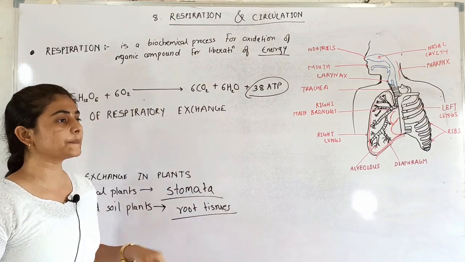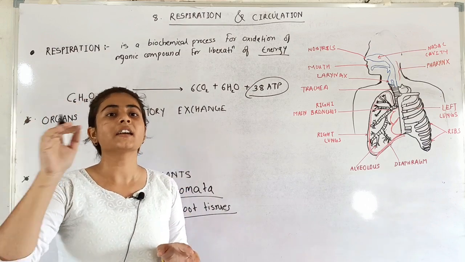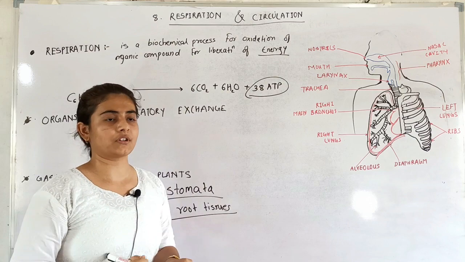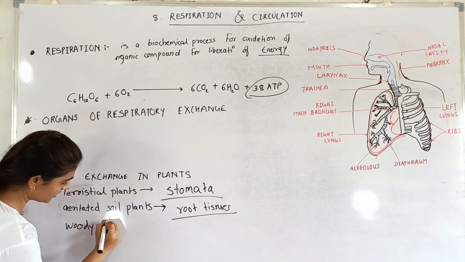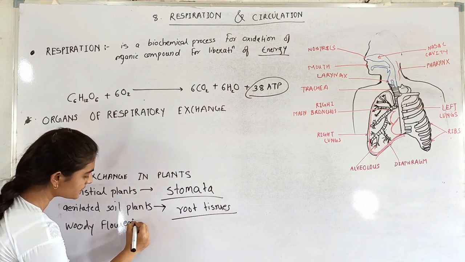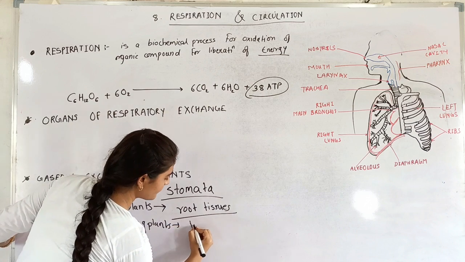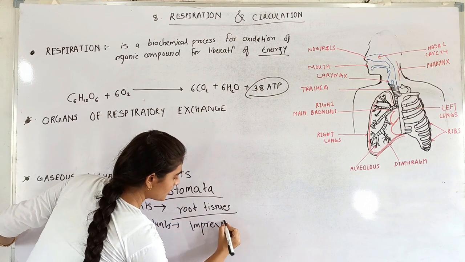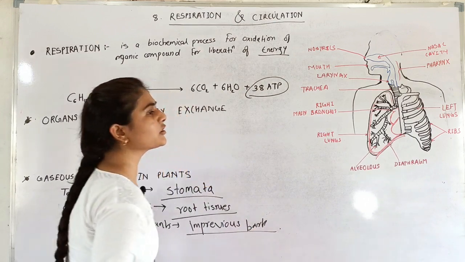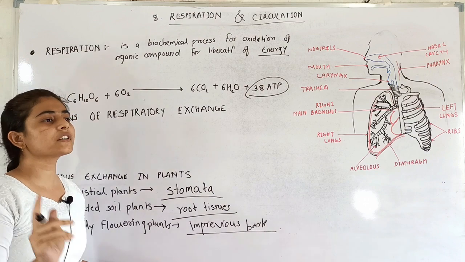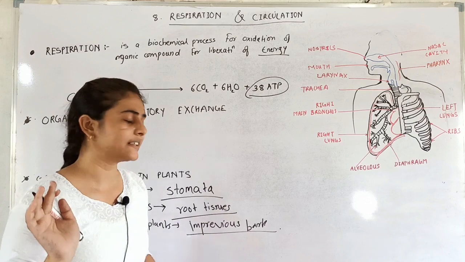In aerated soil plants, the oxygen dissolves in H2O and then enters the plant with the help of root tissues. And in woody flowering plants, the impervious bark is the organ of gaseous exchange, and there is also one main organ for the stem of a plant, that is lenticels.